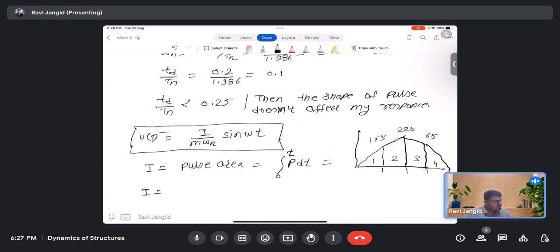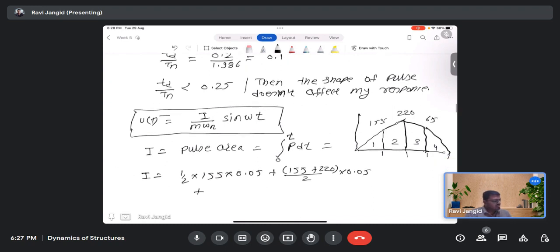The first one is 1 by 2, 155 into 0.05. Now the second one is 155 plus 220 divided by 2 into 0.05. The third one would be 220 plus 65 divided by 2 into 0.05.